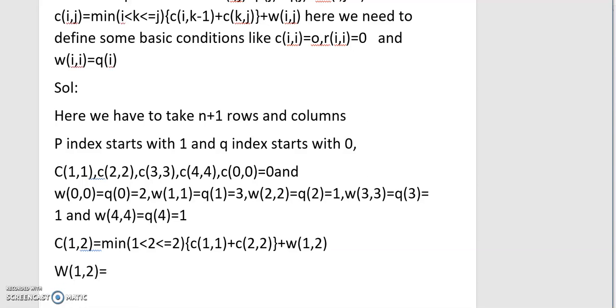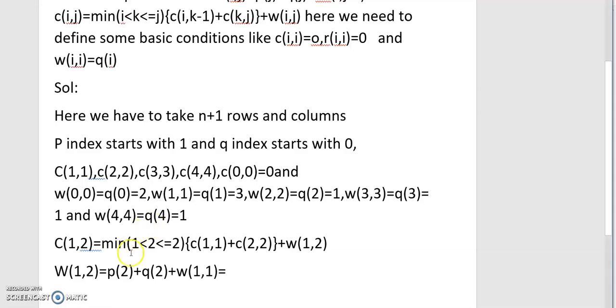Formula is P of j, that means P of 2 plus Q of 2 plus W of i comma j minus 1. W of i comma j minus 1 is 1 comma 1, right?